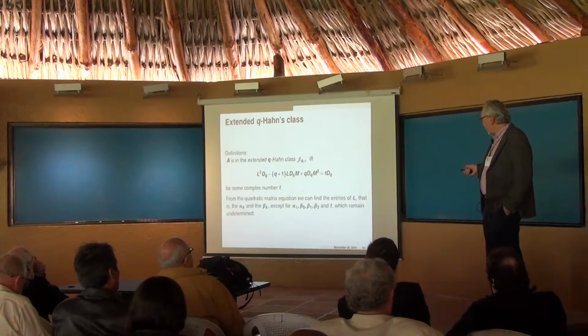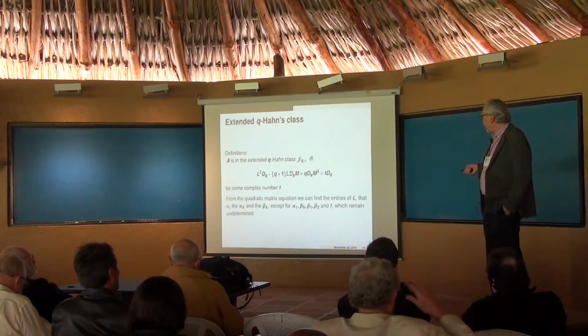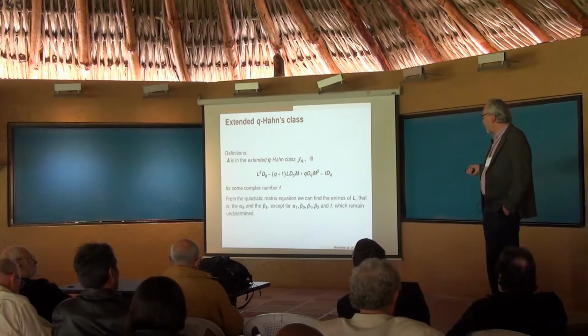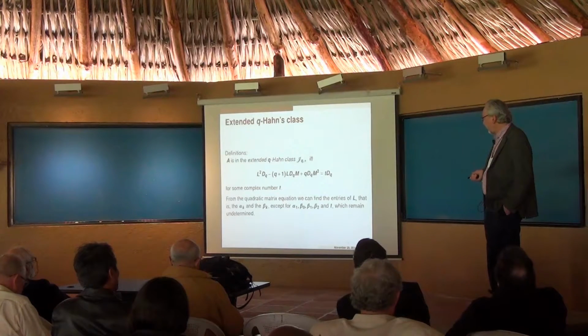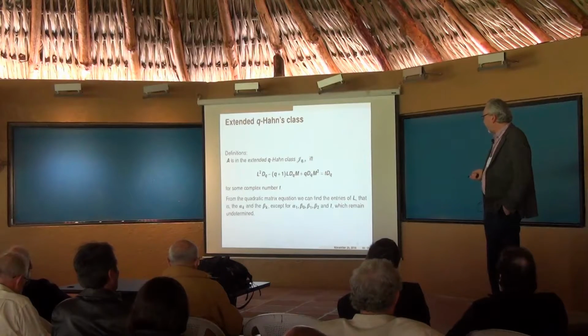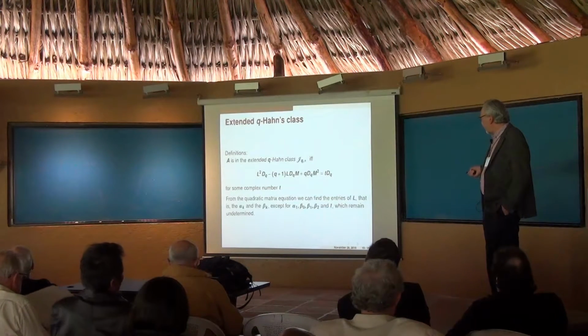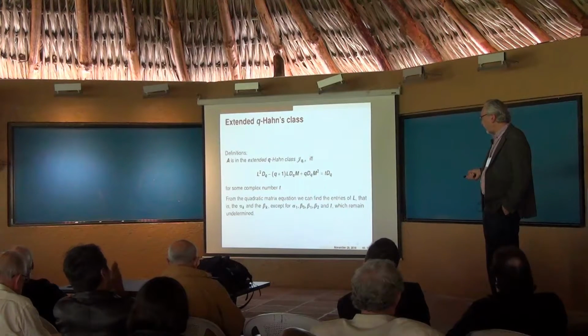And from this matrix equation, we can find explicit formulas for the alphas and the betas in terms of the initial ones. Here, this one, alpha 1 and beta 0, 1, and 2. And the parameter t enters in the formulas for the alphas only.